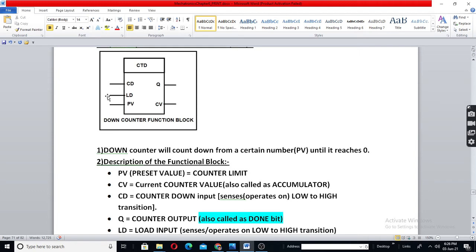As soon as we apply load, this will become 0. And when CV reaches 0, means it started from PV, when it reaches 0, this will become 1. Then if we give load once again for the next operation, it will begin the next operation. Or in between, if you give any load pulse, it is as good as resetting, and means counting again, fresh counting.